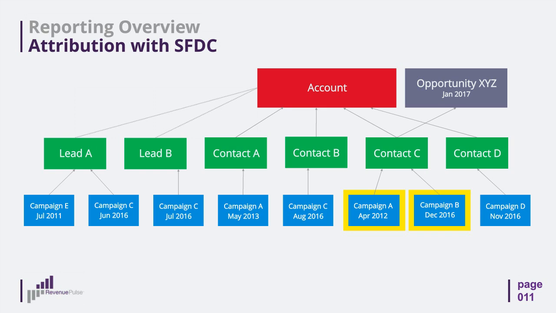For those of you that have Salesforce and have campaign influence configured and active, you would actually give some attribution dollars to campaign A as well. What's interesting to see here is, again, it's not perfect because campaign A was close to 5 years before the opportunity was actually generated. So can we really say that that played a defining role in getting that opportunity? Hard to say.